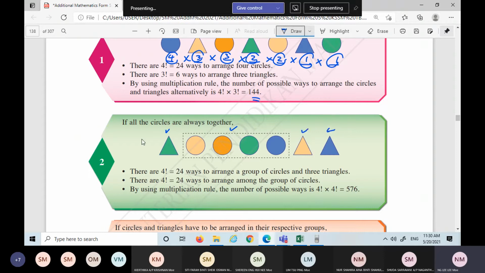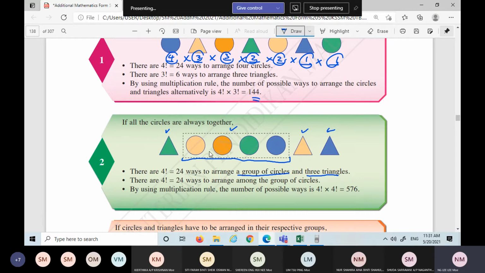So you arrange these 4 things, so you have 4 factorial, which is 24 ways to arrange the group of circles and 3 triangles. They assume the group of circles as one object, therefore it's 4 factorial. After that, among these 4 circles in the group, they can arrange again.